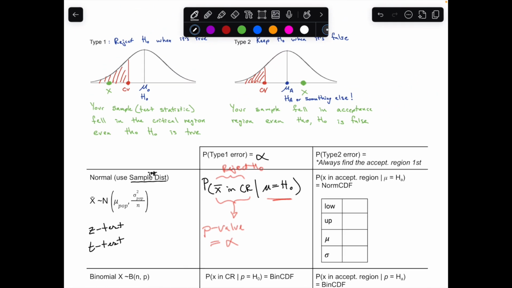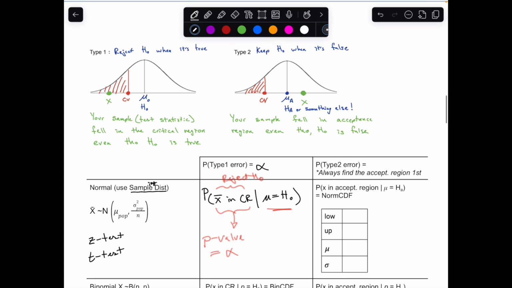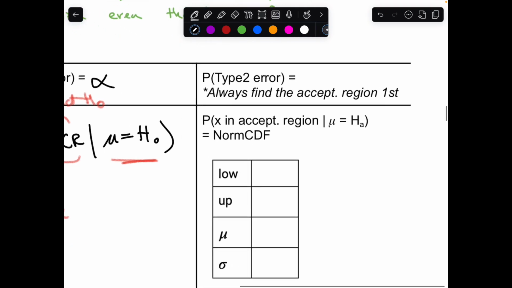Type 2 errors are a little more complicated, and since this is for IB math, I'm not going to talk about the more advanced ways of calculating type 2 errors, for example, if you know the statistical power of your study. We are simply going to look at if you actually know for some reason what the true mean is.